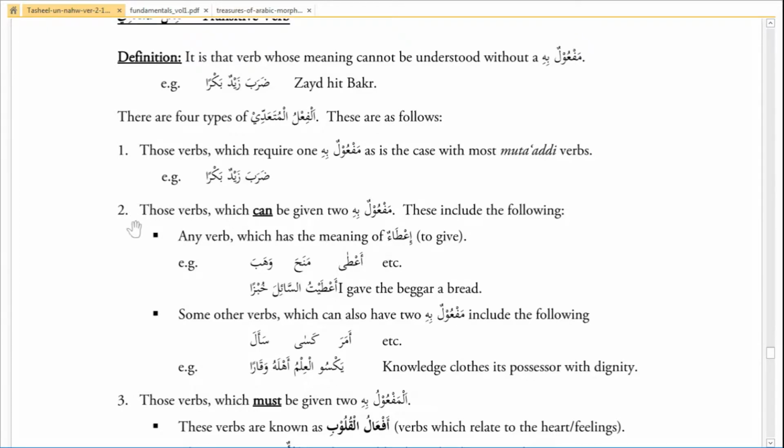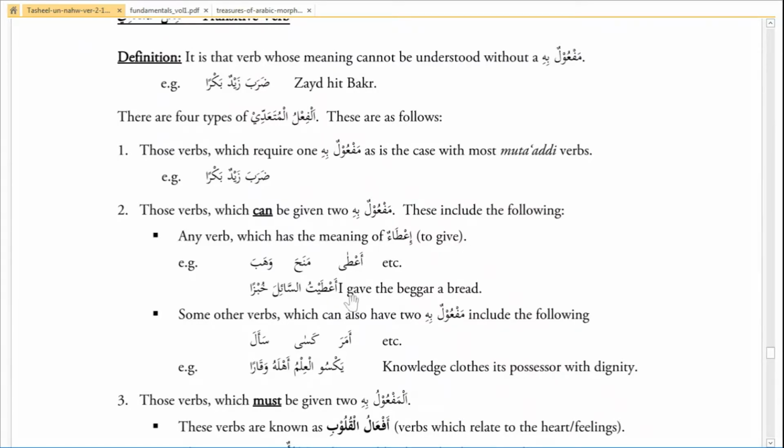And the second type needs two maf'ul. There are some verbs which need two maf'ul, for example, أعطى, منح, وهب. These cannot be understood properly with one maf'ul.